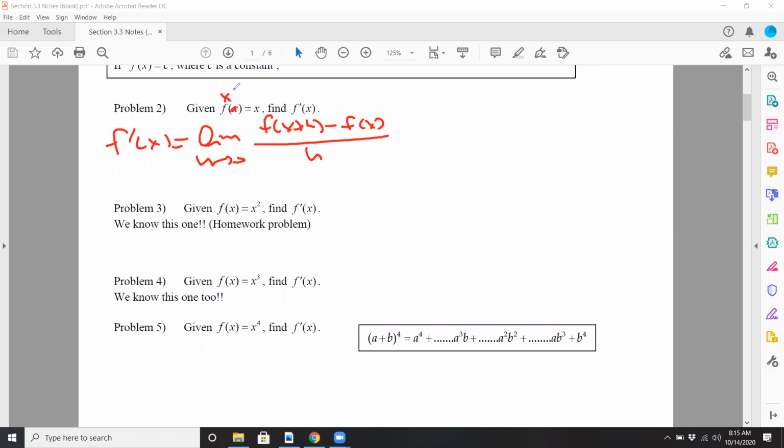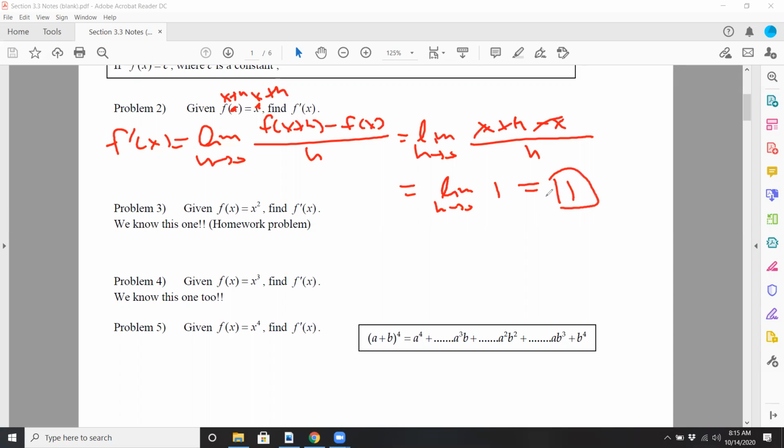So if I replace x with x plus h, then this becomes x plus h, of course. So limit as h approaches 0 of x plus h minus f of x, which is x straight up, over h. Those cancel. h over h, of course, is 1. And we've talked about limits of constants are the value of the constant themselves. You just get 1.